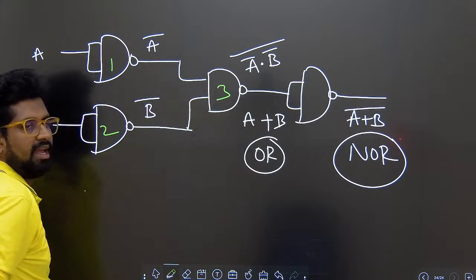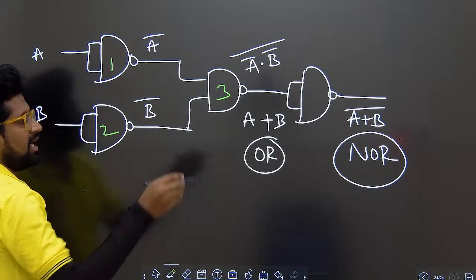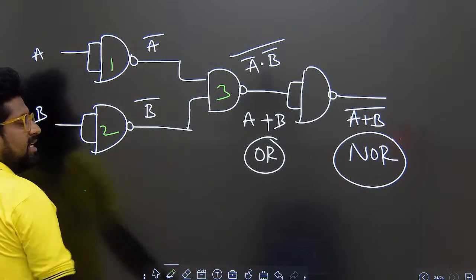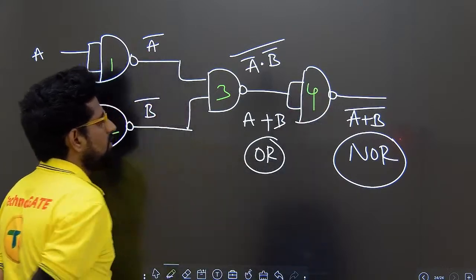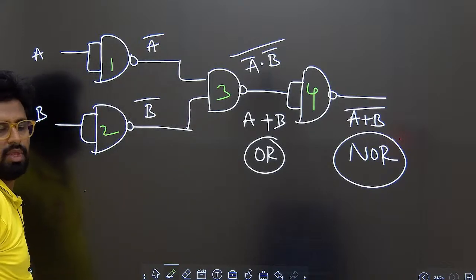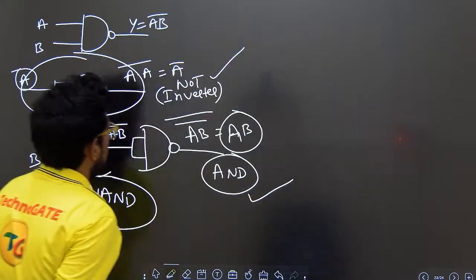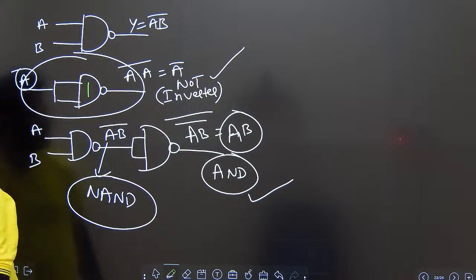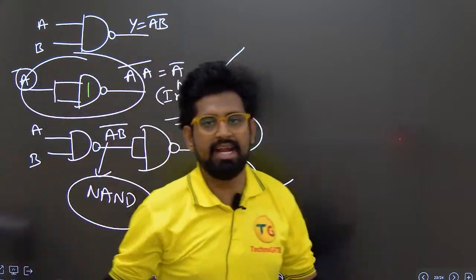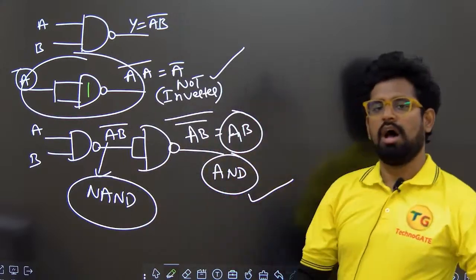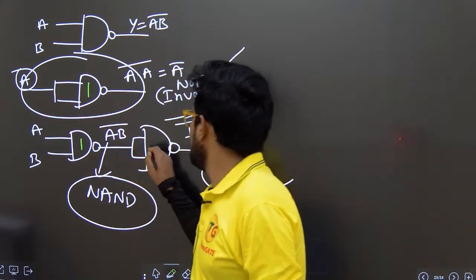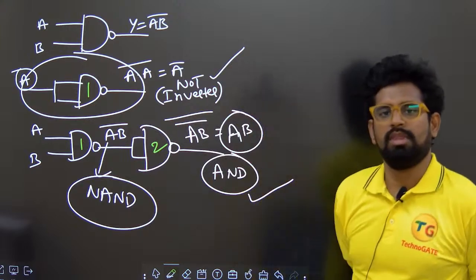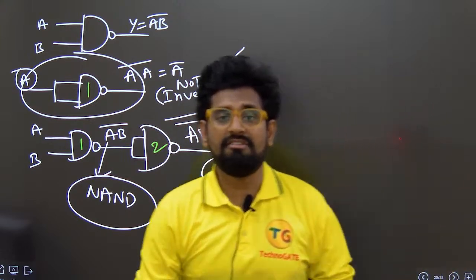Your answer is 3. To construct a NOR gate, how many NAND gates are required? Your answer is 4. To construct an inverter, how many gates are required? 1. To construct an AND gate, how many NAND gates are required? Your answer is 2.